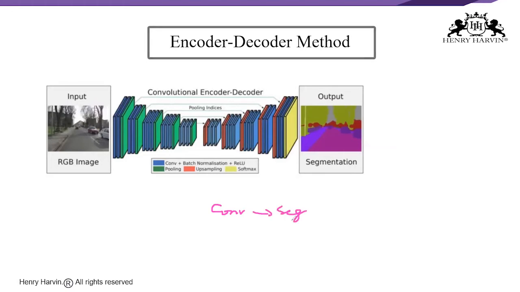So this directly learns a mapping from the input image, right, to its corresponding segmentation, through the successive transformation of feature mappings. But it's quite computationally expensive to preserve the full resolution through the network.